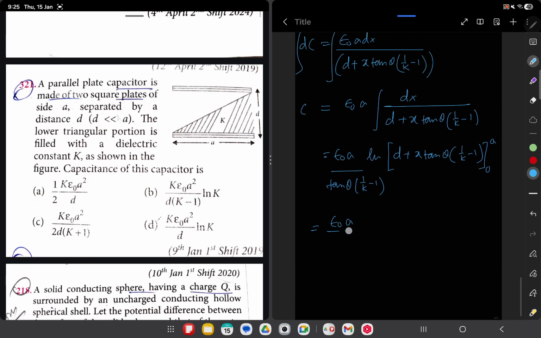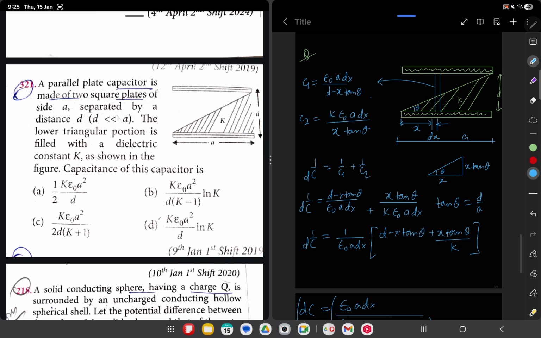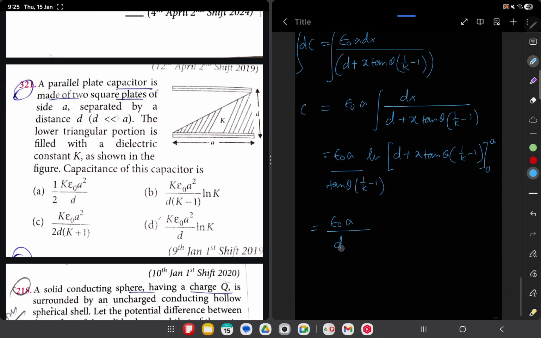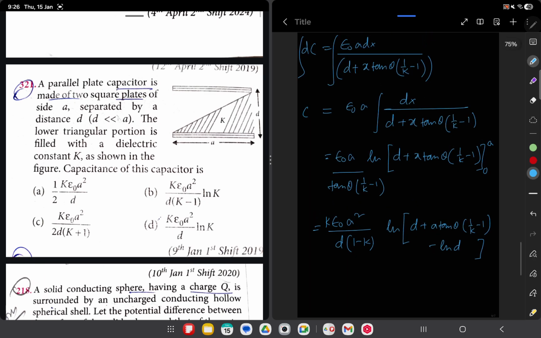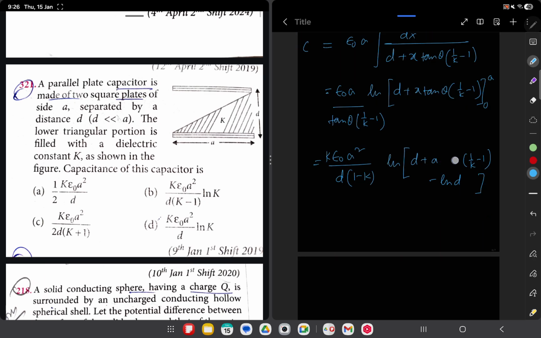So this will be epsilon naught a, and you know that tan theta is d by a. So from here you can clearly write d by a square, 1 by k, which you can write as k into 1 minus k. Now if you put this ln term, d plus a tan theta 1 by k minus 1 minus ln d. Tan theta can be written as d by a, so a gets cancelled out.